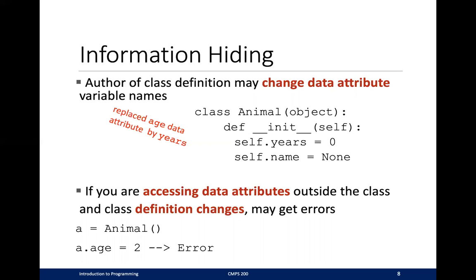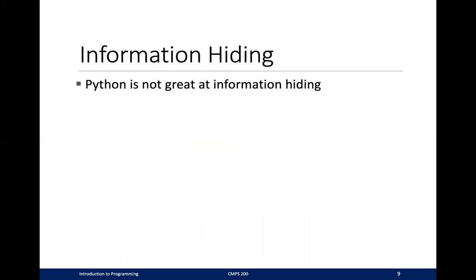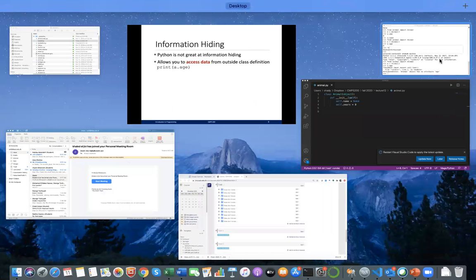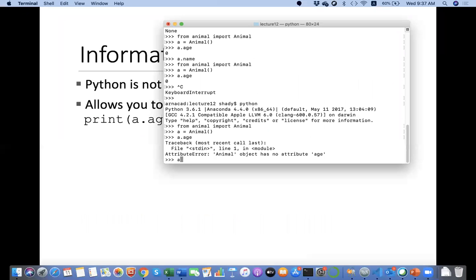Okay. So that's what we're saying. Python in general is not great at information hiding, but you need to do that yourself. In other words, Python allows you to access data from outside the class definition. We've just done that. We said a.age or a.name, like here.